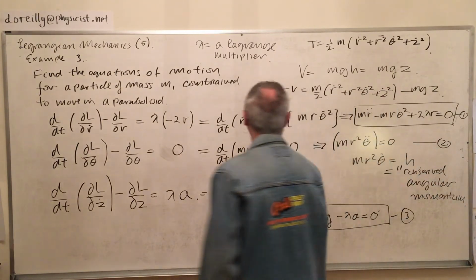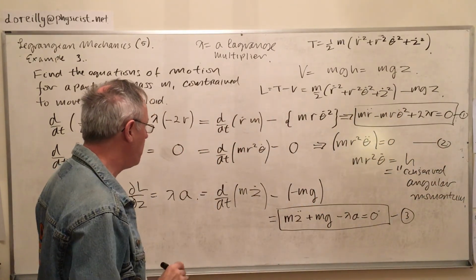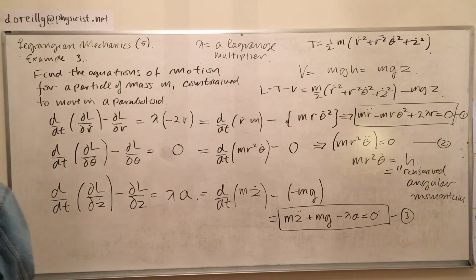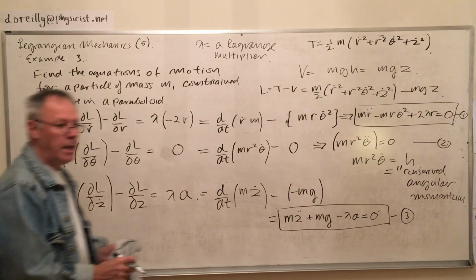But don't forget, we also had the constraint, and I've erased it from the board. What was it? Now I forget. It doesn't matter, because I've run out of time.